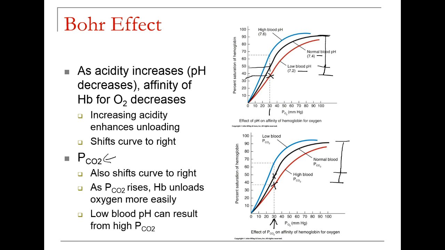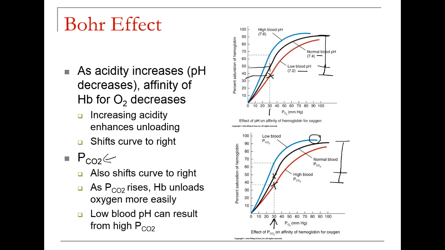Let's say that you are up at the lungs, and at the lungs right here you've just offloaded a bunch of carbon dioxide, and now you want that hemoglobin at the lungs to pick up as much oxygen as possible.